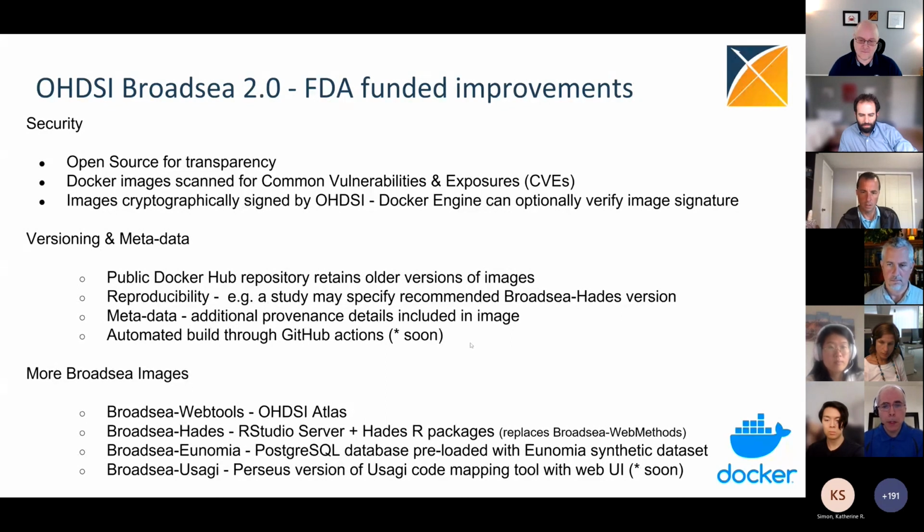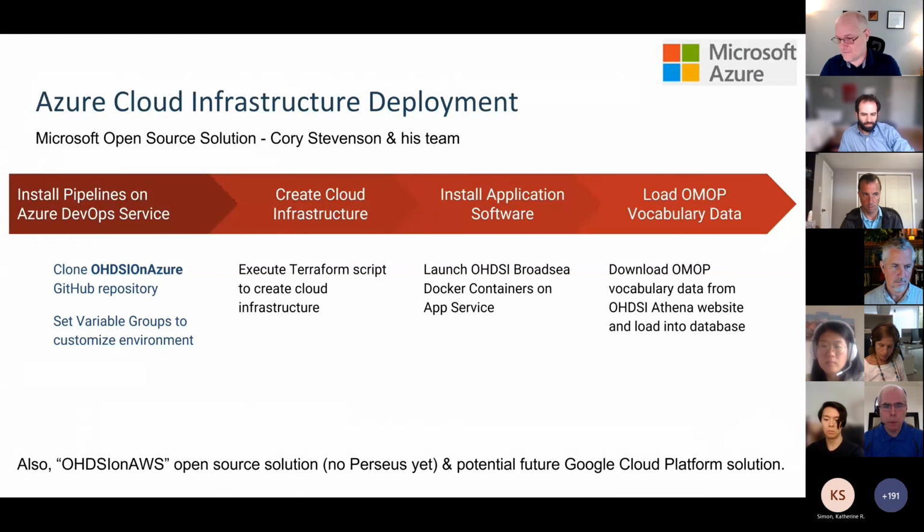So it will pull in whatever packages are part of Hades as they grow out, and it'll have much less of a maintenance burden than some of the other images I've seen out there. I mentioned the Postgres database preloaded with Eunomia synthetic data. So you can have something to start off with. And I think the other aim there is that if you don't have a Postgres database to use with Atlas, you'll be able to use that one and then link over to your own CDM.